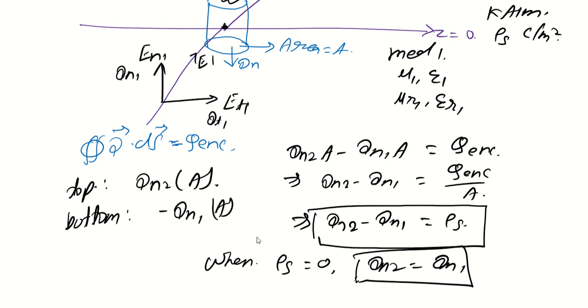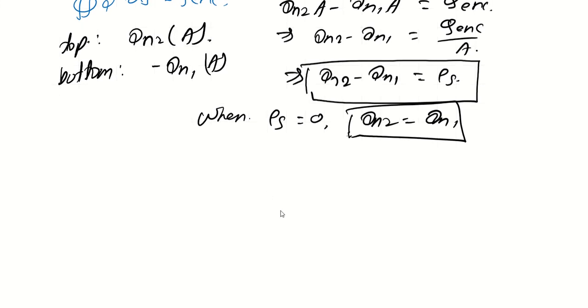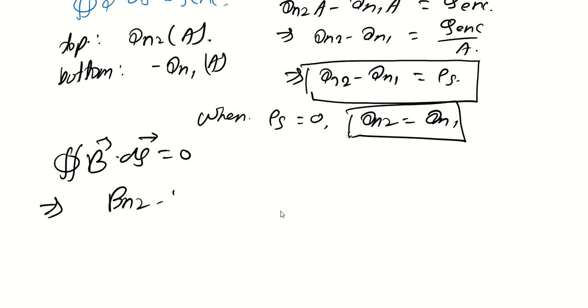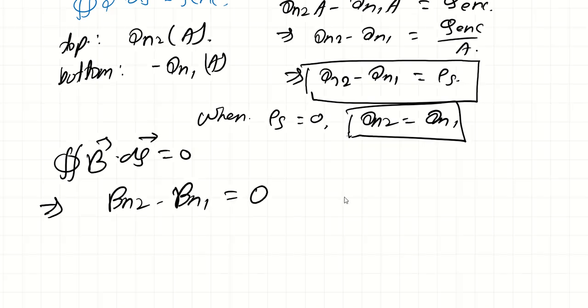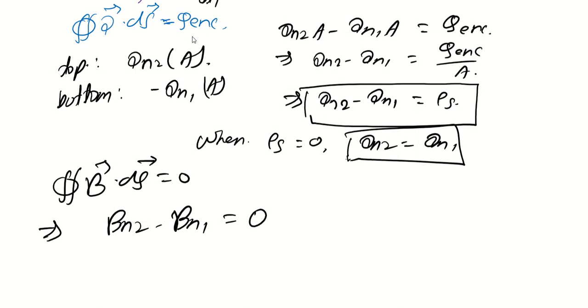So for magnetic flux density, what is the Gauss relation from Maxwell's equation? B dot ds will be equal to 0. So in the same way we can tell that Bn2 minus Bn1 will be equal to 0. This is not a Q enclosed, so the same way you will get Bn2 into A minus Bn1 into A equal to 0, and 0 by A will become 0.